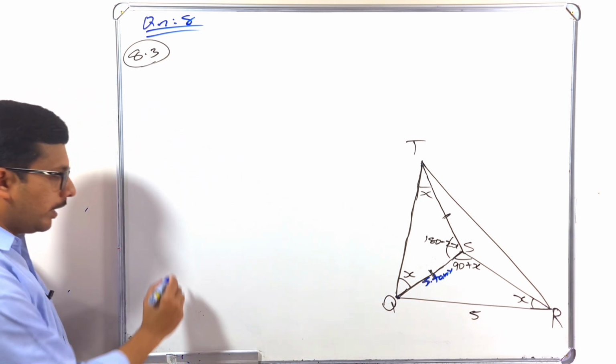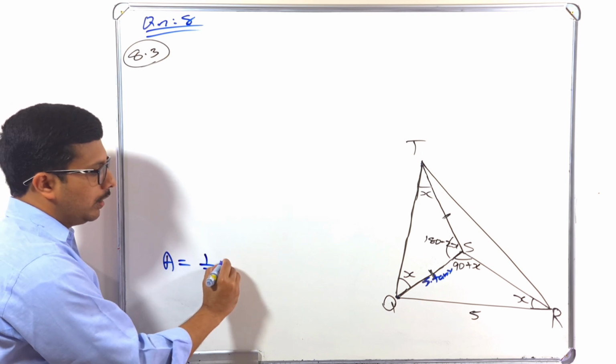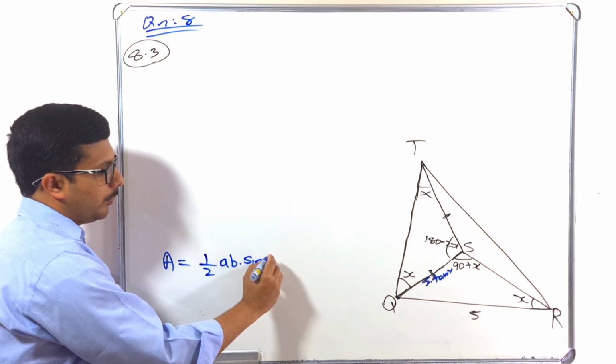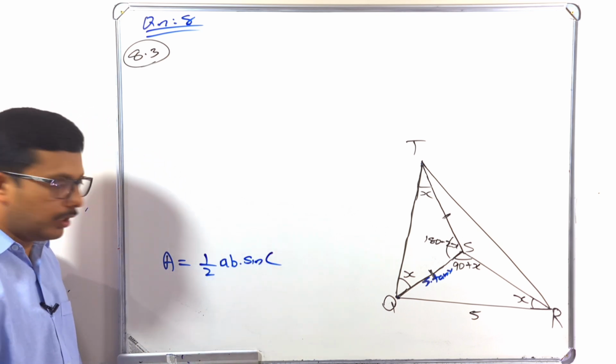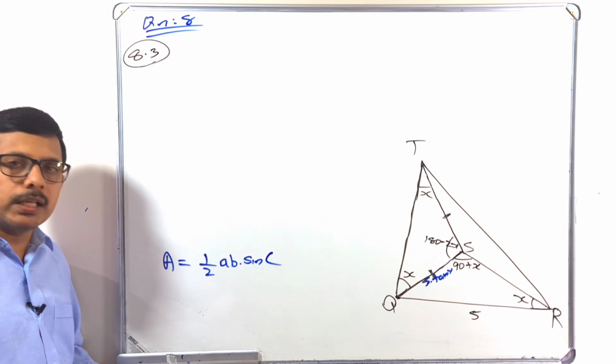So what is the area formula in trigonometry? Half AB sine capital C. Okay, that is the area formula.